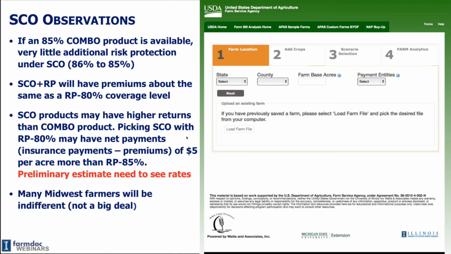You'd want to double check with your crop insurance agent about how that's going to work if you choose ARC. But the big reminder, particularly for this program decision, is you cannot mix ARC and SCO. It can only be used in the case where you have PLC, and that's the big factor for the program decision.